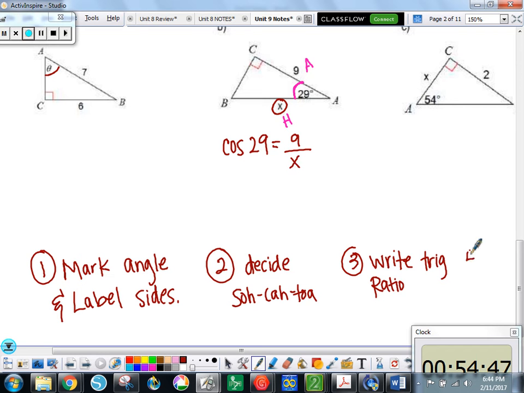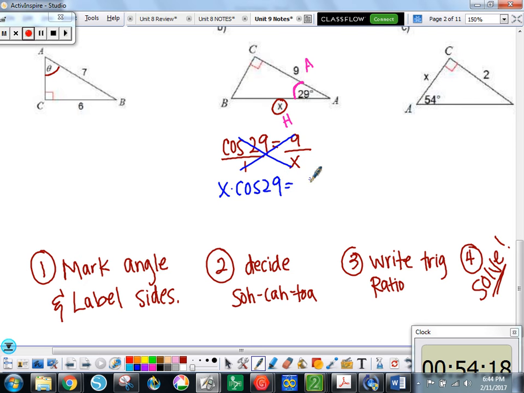We can write it really small right here. You have to solve. So we have to solve using whatever solving methods we know. Now, these are ratios. I don't know if it's easiest to put it into a proportion and solve it that way. So how do you solve a proportion? You cross multiply. So x times the cosine of 29 equals 9 times 1.